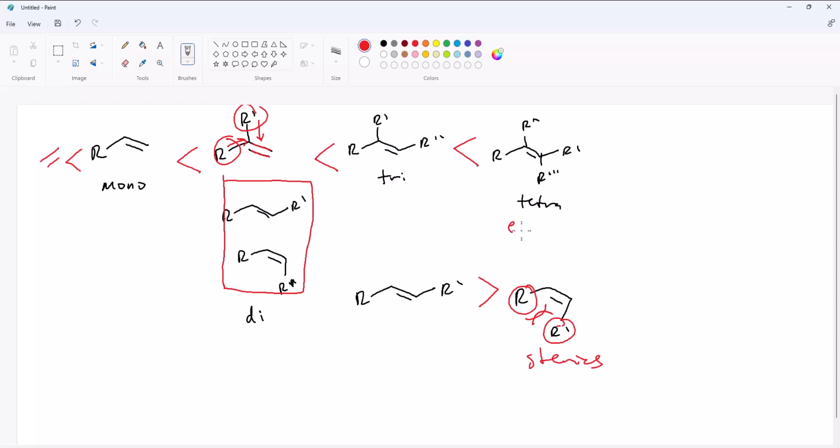So this top one is electronics, donation into the double bond. Trans is more stable than cis in general because of steric clashing, especially if you have large substituents on the alkene itself.